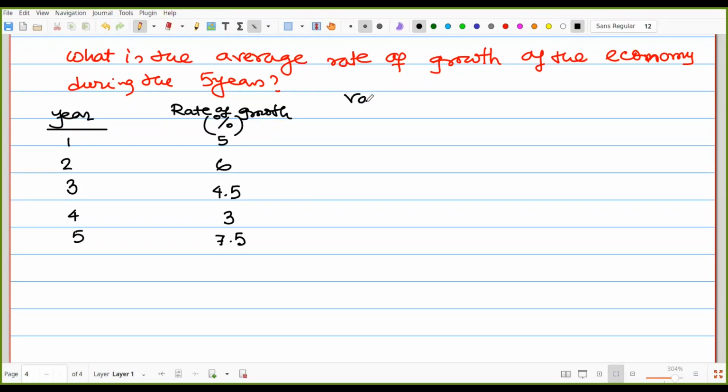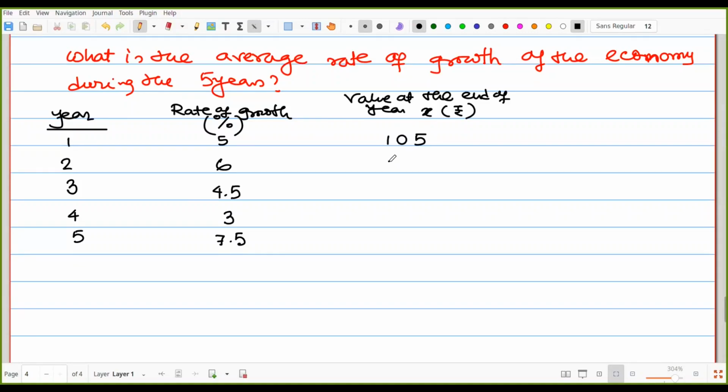Next one, value at the end of year X, and that is also in rupees. So for the first year, if I submit 100 rupees, then I am getting 5 more, so that would be 105.